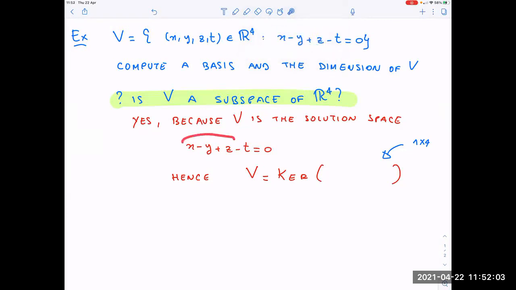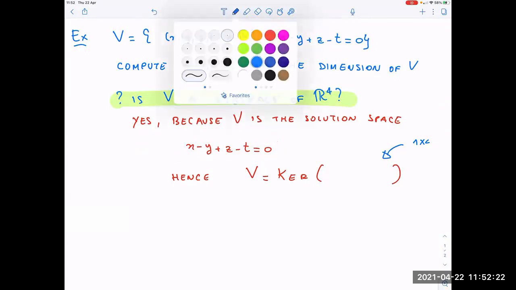So this equation gives a linear system, one equation in 4 unknowns, so it is actually 1 times 4.